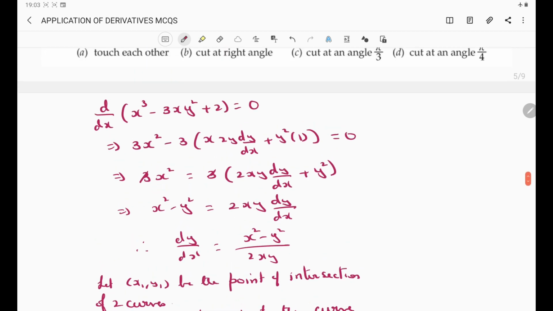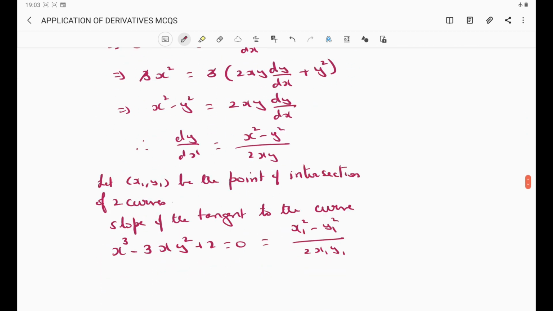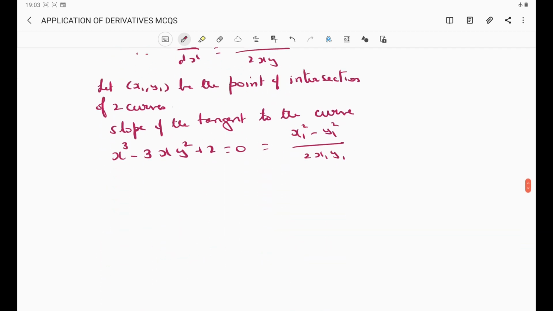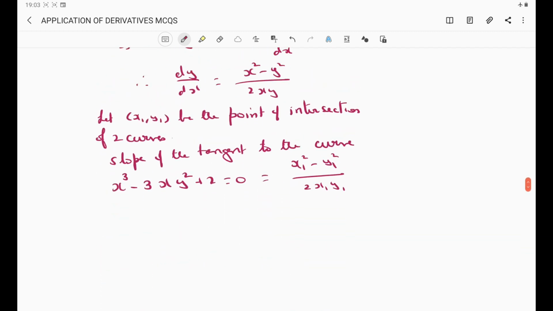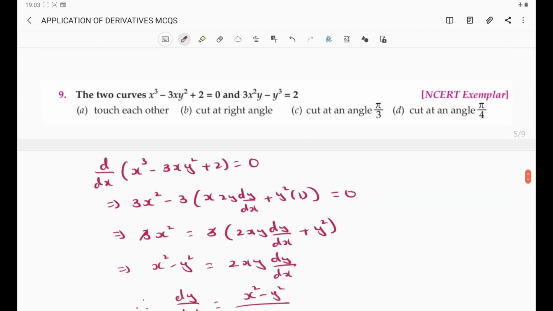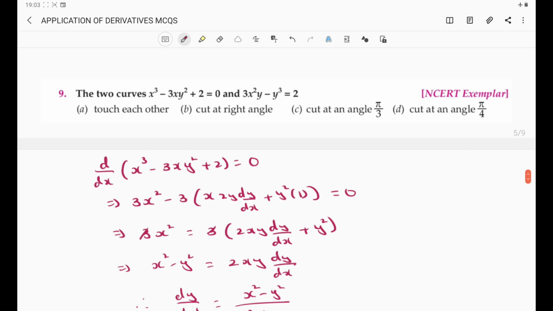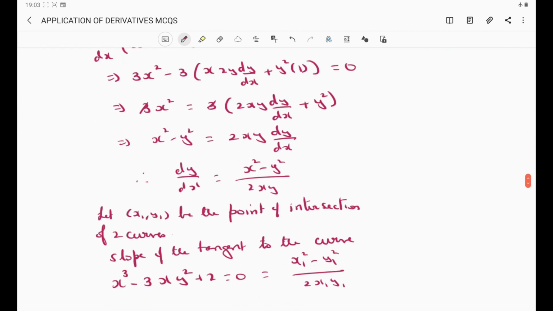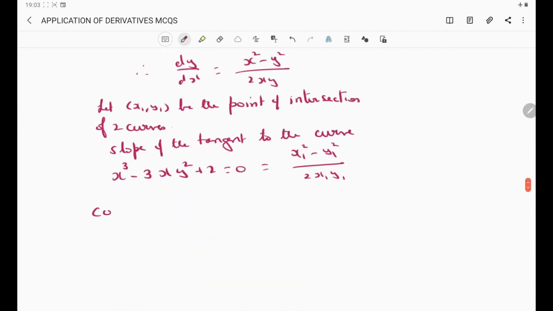Now let us see how to find the slope of the tangent for the second curve at the same point of intersection. The second curve is given as 3x square y minus y cube is equal to 2.